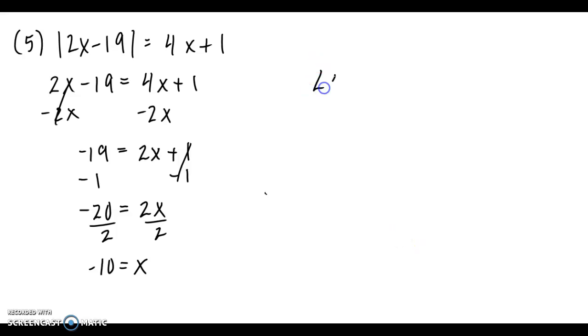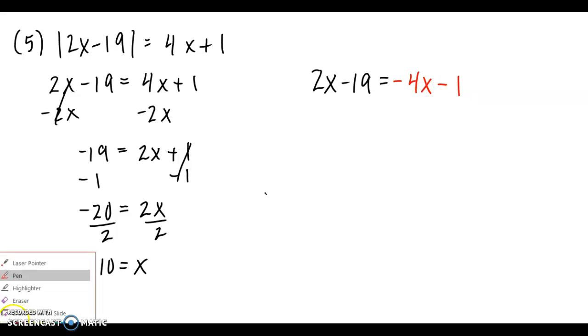My second one, the whole other side of my equal sign has to be the opposite. I make the positive 4x a negative 4x. I make the positive 1 a -1.